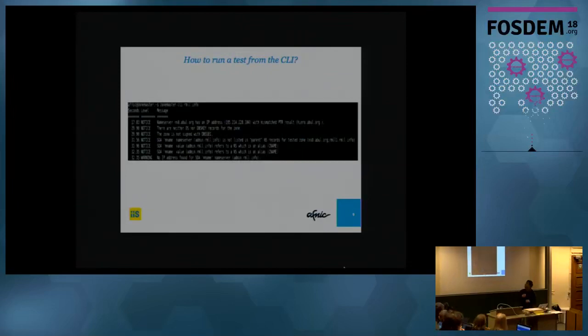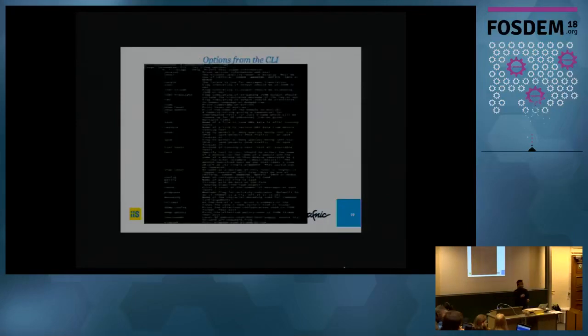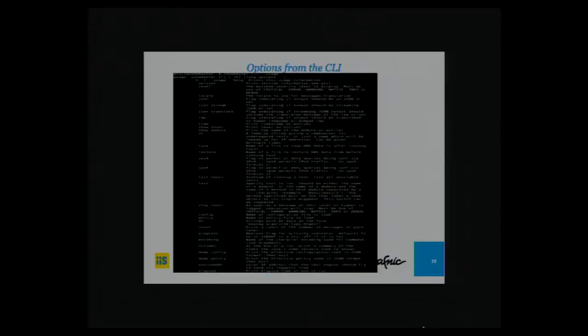As you can see, you have different levels of customization. For example, if you want to test only with IPv4, if you want to run certain tests and not others, if you want to change the level of debug, you can have debug 1, 2, 3. There are different options with Zonemaster, so you can use that with the CLI.